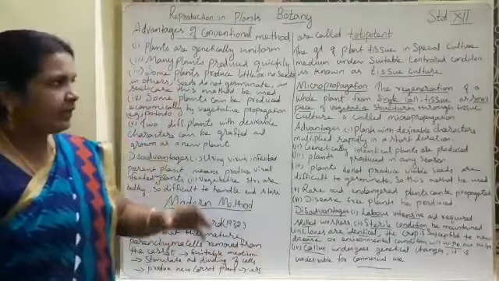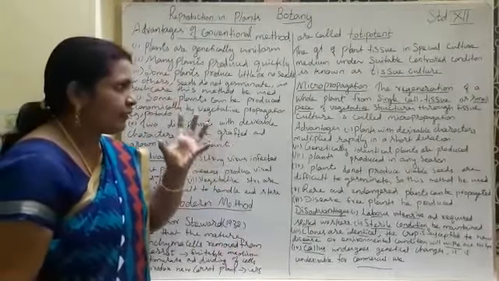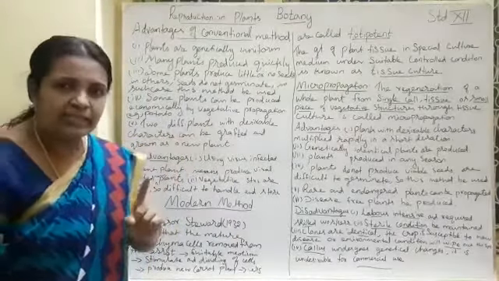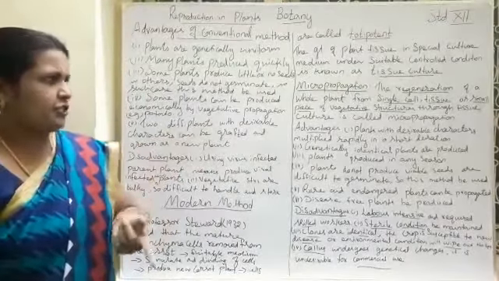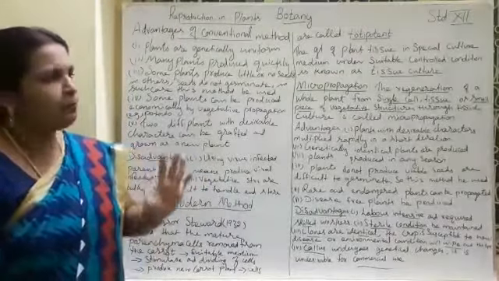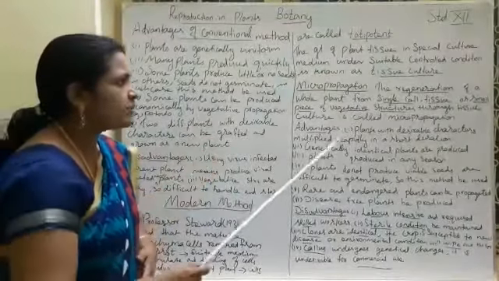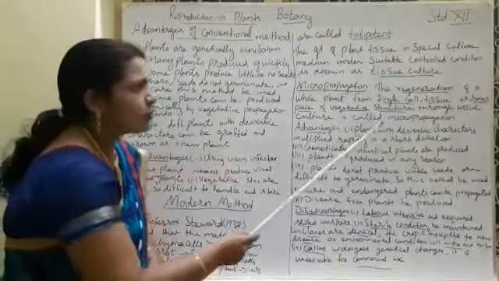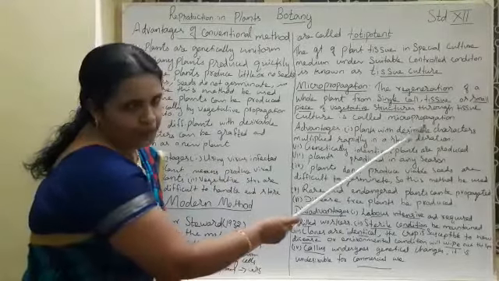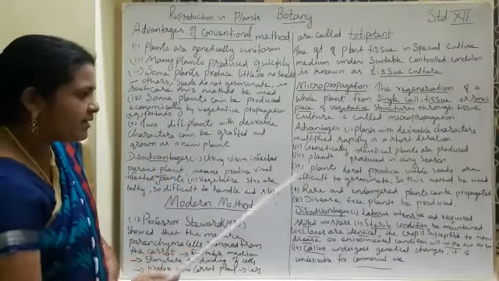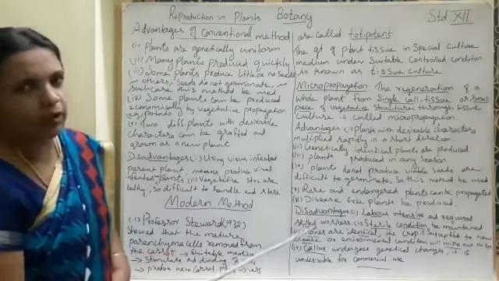That means a plant will be grown using only one cell, or a small tissue, or any small piece of vegetative part. By using that, they produce a new plant. That type of culture is known as micropropagation. Understood?